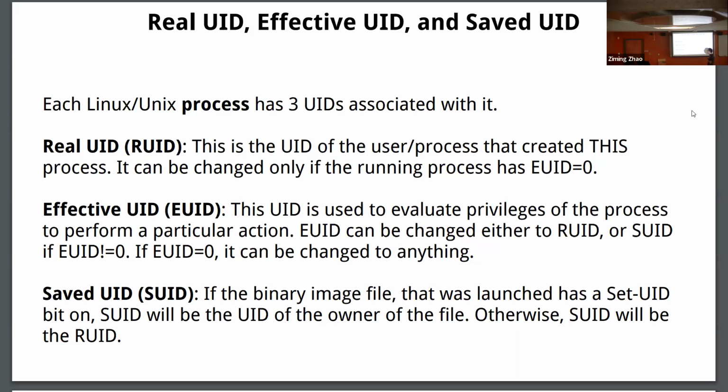Then there is an effective UID, and this is the UID used to evaluate the privilege of this process. Usually for regular programs, the real ID and effective ID are the same thing. Most programs you run will have the same real ID and effective ID. If you are running it, that will be your ID. In this case, on our platform you are user CTF, not user root. Then there is also a saved UID, but we're not using that in this class, so we skip that.